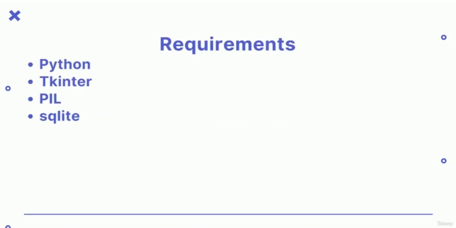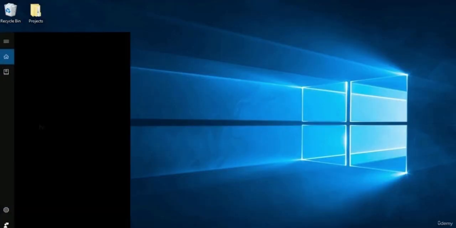So before we start the project, we're going to be needing Python. I'm going to be using Python 3.8 for this tutorial, and Tkinter probably comes with the Python package, and we just need to install pillow with pip install pillow. SQLite most certainly comes with the default Python package, but we are going to use an extra one, that is SQLite Studio.